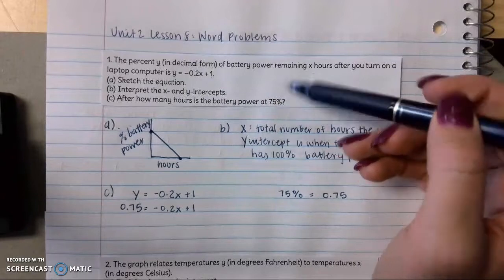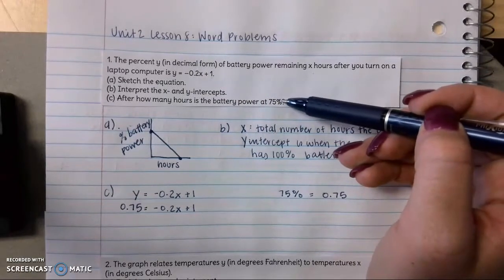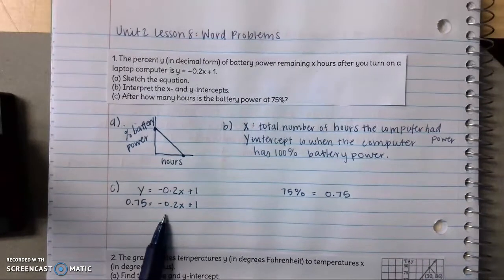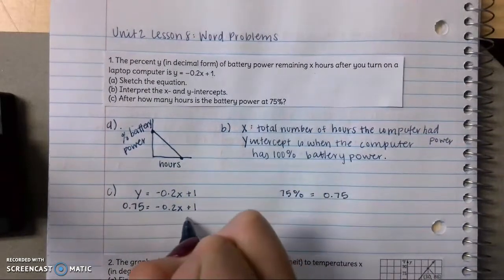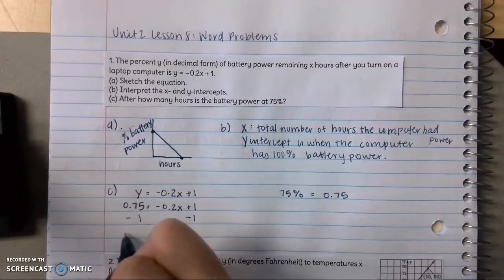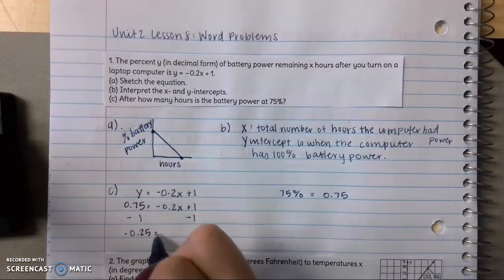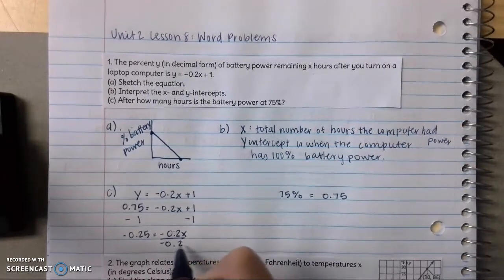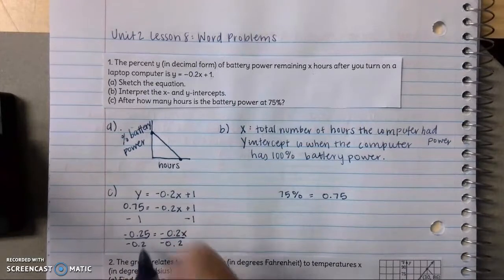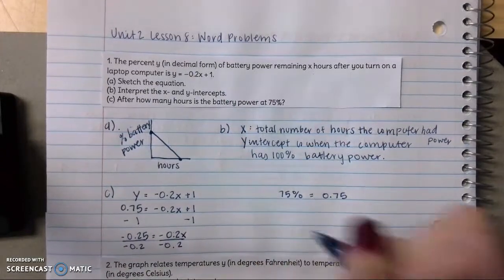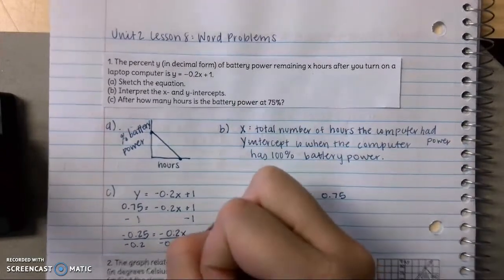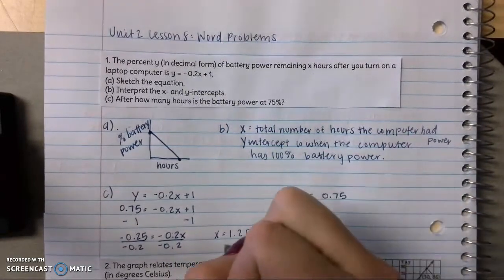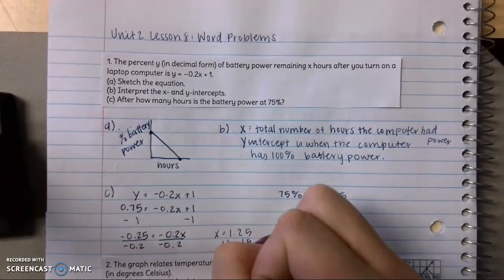When 0.75 goes in, we solve for x. Divide both sides by 0.2, and then we can say that x is equal to 1.25, or 1 hour, 15 minutes.